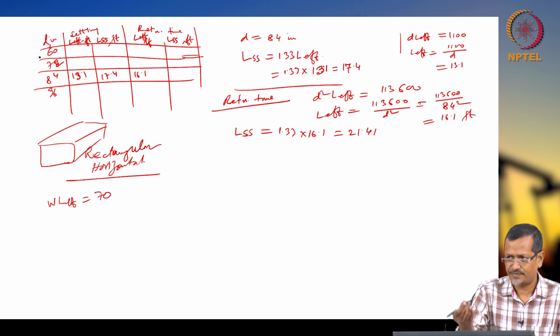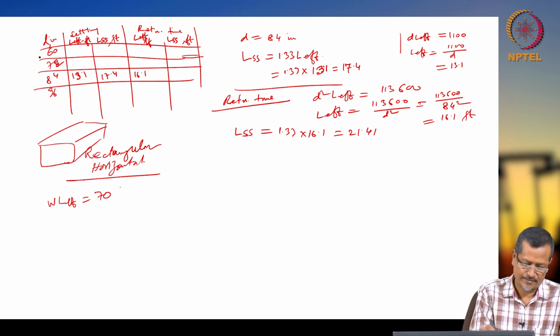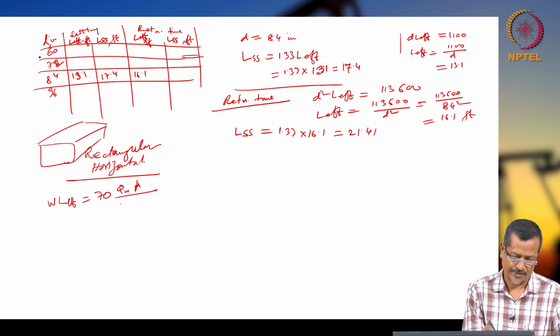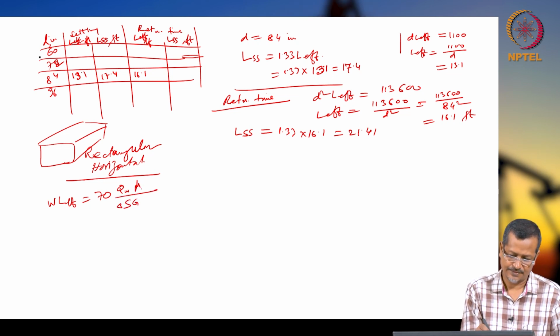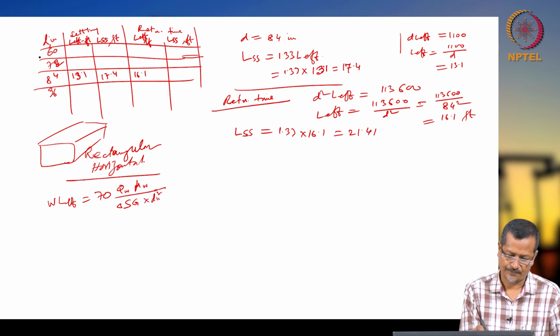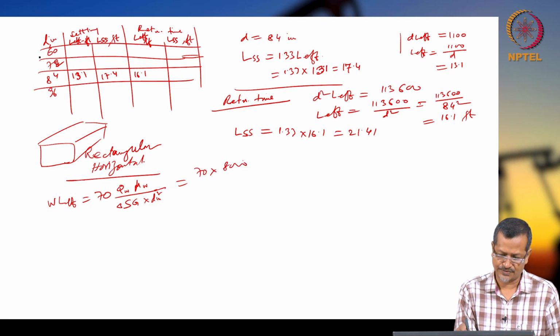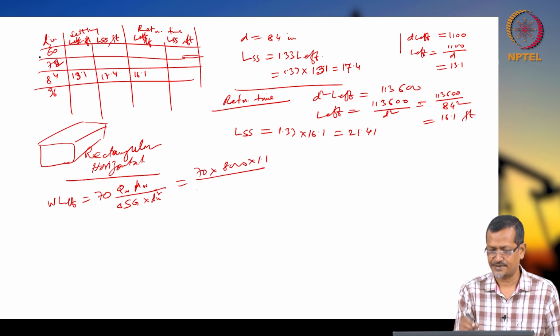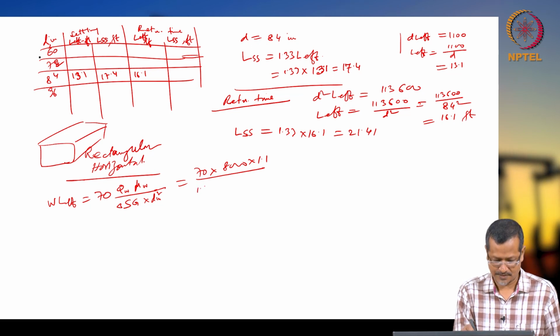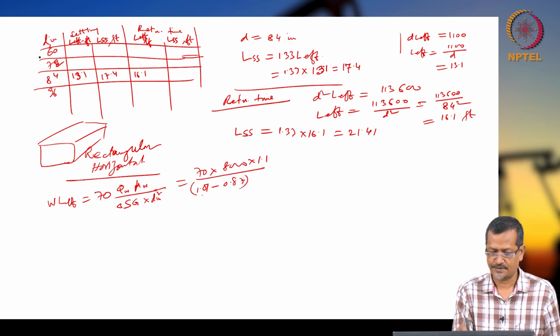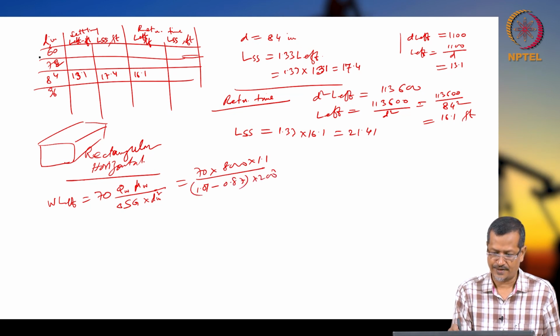If you see the previous formula derivation, 70 Q W mu divided by del S G into d m square. So this will give 70 into 8000 into 1.1 divided by del S G, which we have already seen, 1.07 minus 0.87, into 200 square.